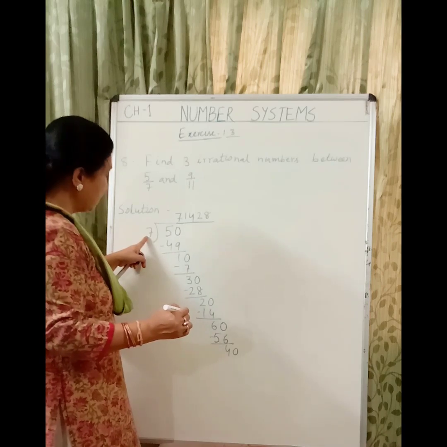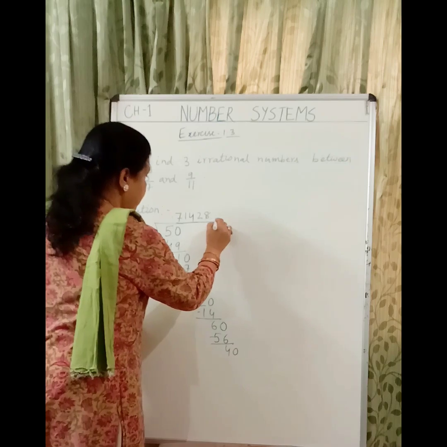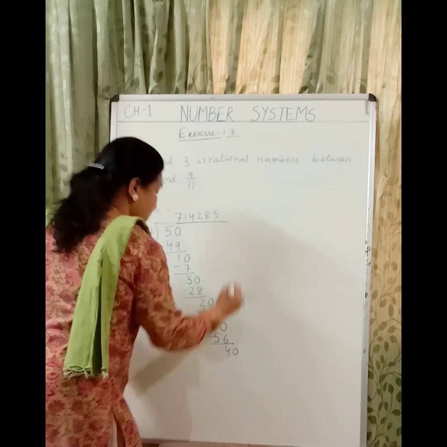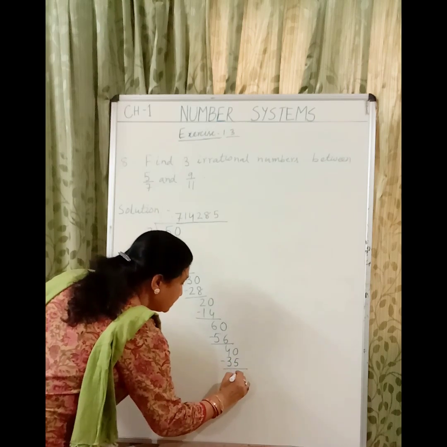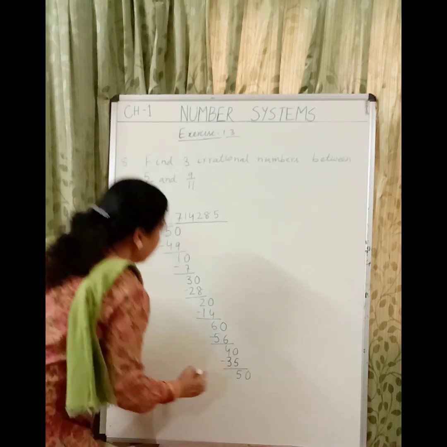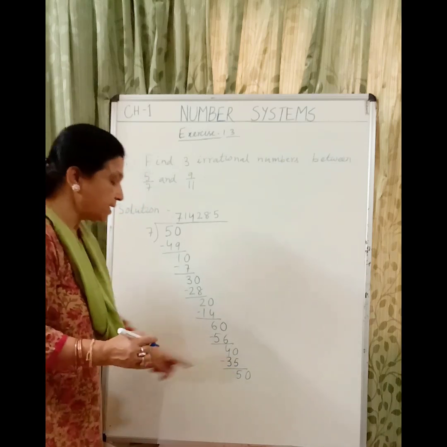We can take 5, 7 fives are 35. 5 is the remainder, 50.